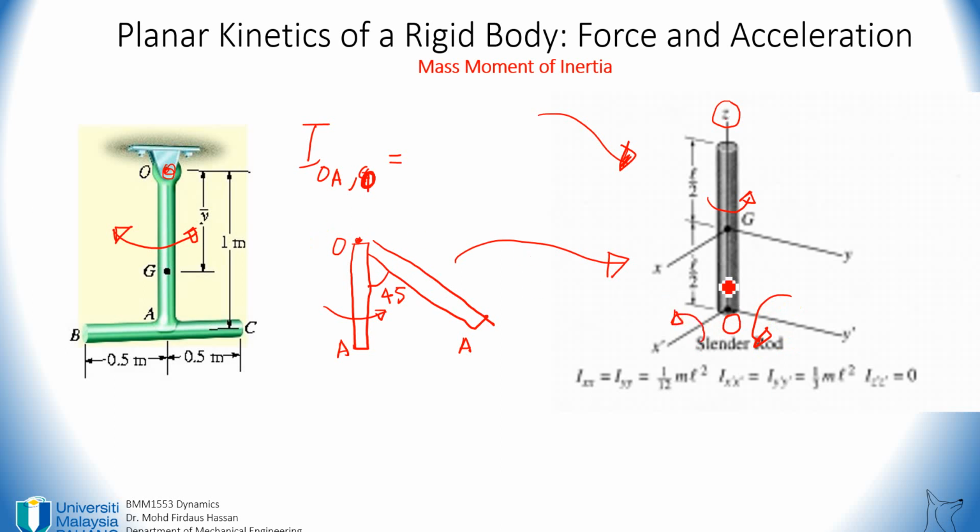Correct? So if this thin rod rotates about the X prime axis, if we look from this side view, I draw it.